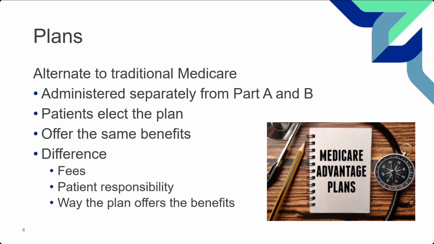And I'm going to use a little bit of an example here. Many of you have probably heard of the IPPE for traditional fee-for-service Medicare. This is the initial preventive physical exam, and then also it has an annual wellness visit, so the first visit and then each one thereafter.